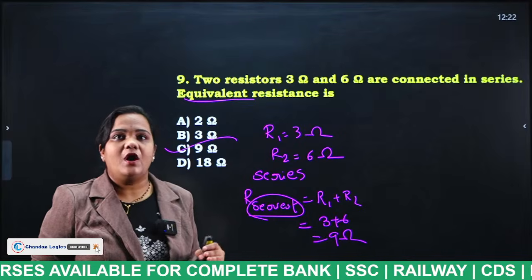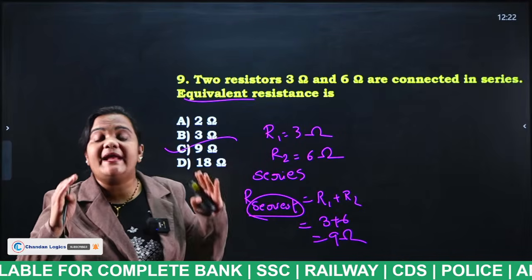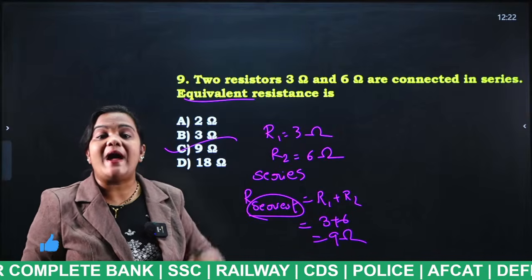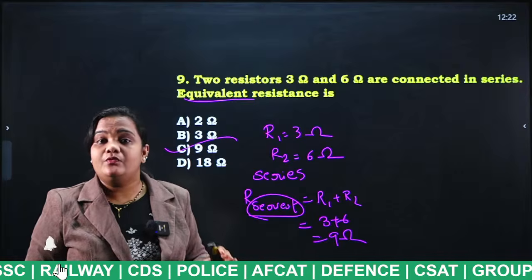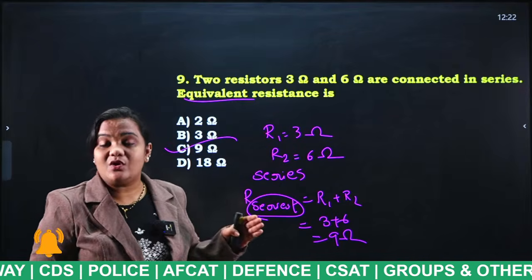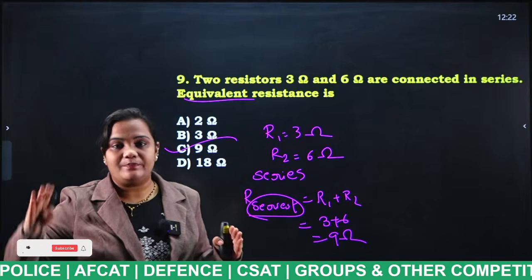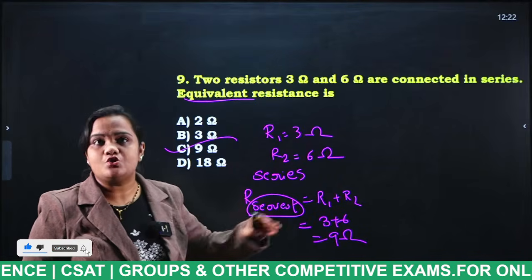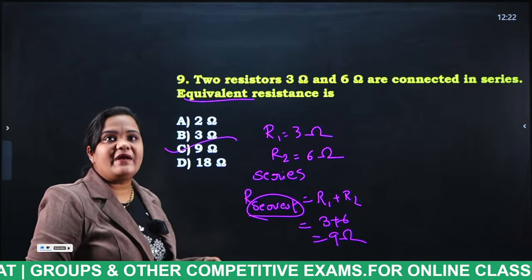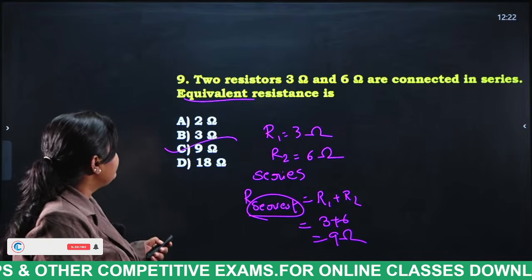Easy thing. If the connection is in series, we have to add all the resistances. If the connection is in parallel, we have to do what? 1 by R is equal to 1 by R1 plus 1 by R2 plus 1 by R3. So these are the basic problems, students. Everybody must know this. Very good, very good. Next question.